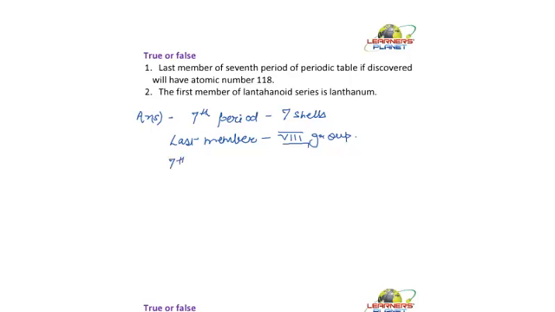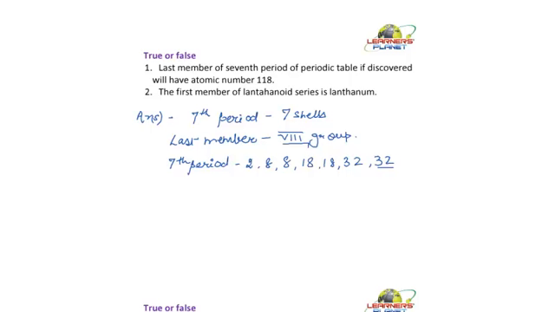What will be the arrangement of electrons? It would be 2, 8, 8, 18, 18, and 32. 32 because it's the 8th group, so it has to be complete.